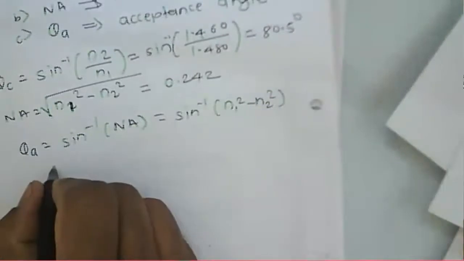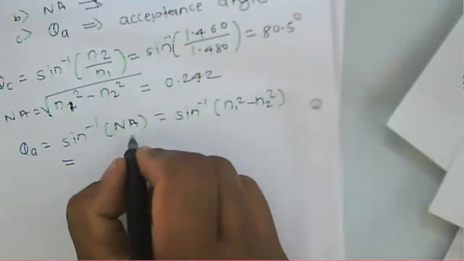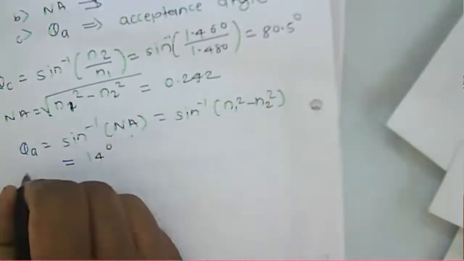And if you put the values of n1 and n2 in the numerical aperture, you'll get 0.242. Then you'll get an acceptance angle of about 14 degrees.